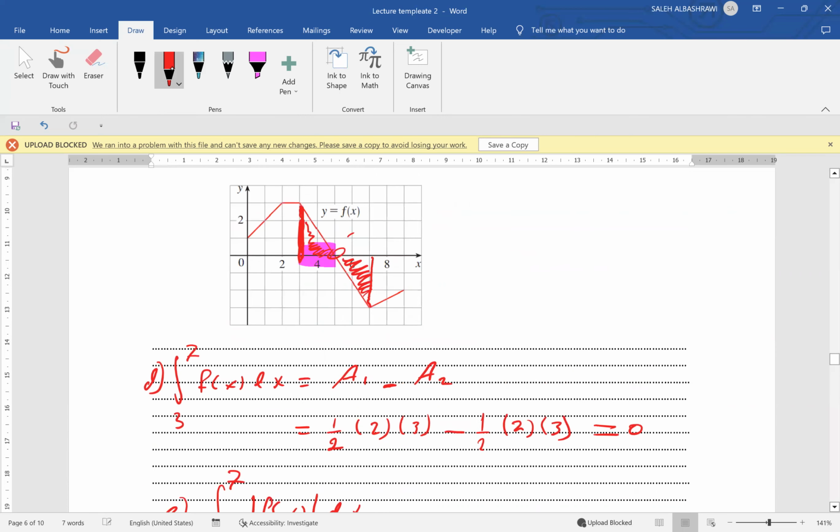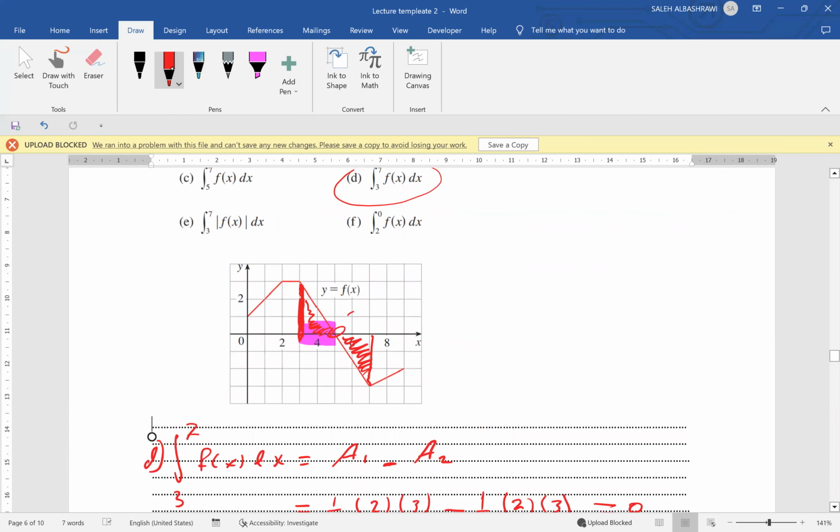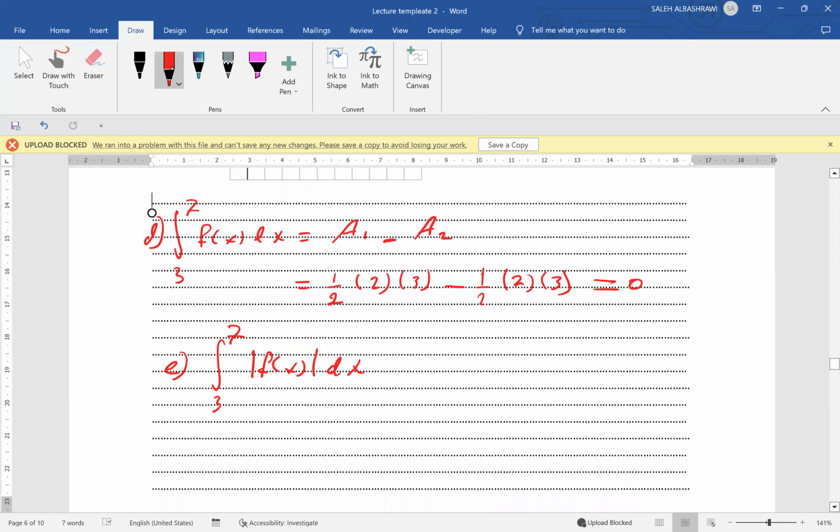Now, if we have absolute value, it means the negative part will go up. It will go in the positive direction. Because of the absolute value, we don't have any negative, so it is not negative anymore. Between 3 and 7, both of them will be positive. In this case, we are adding, not subtracting. So I will have A1 plus A2.